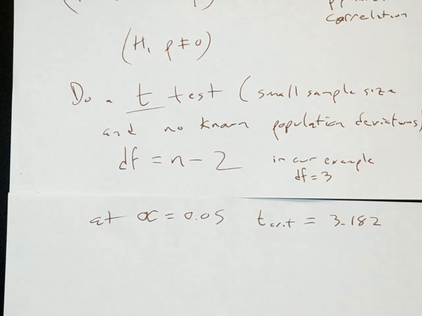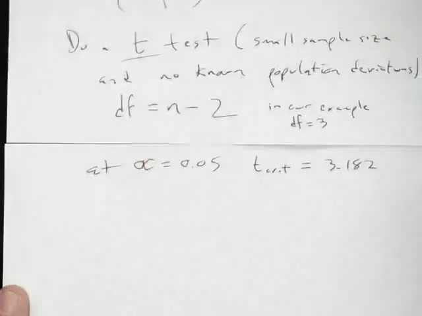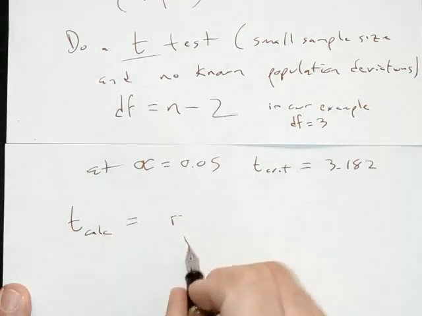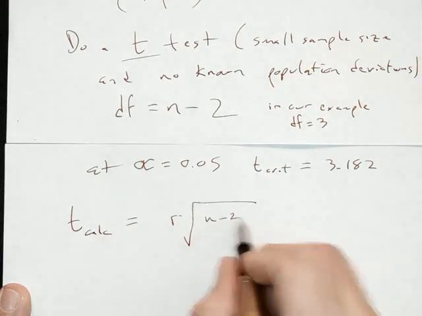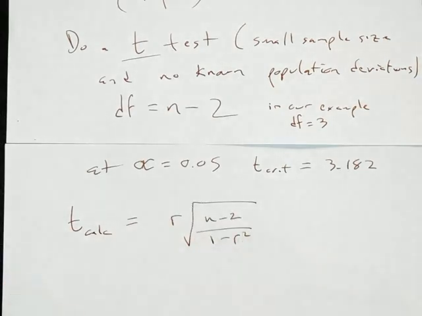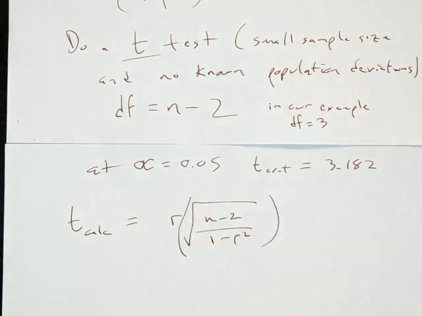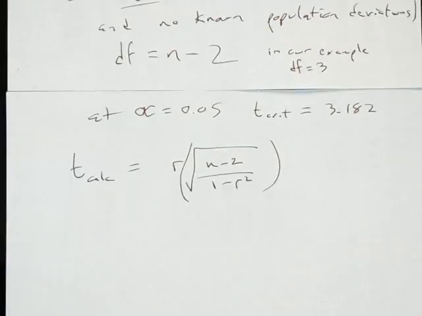In R, we calculate our T stat as R times the square root. That is not an Rth root. I'm actually going to put it in parentheses so it's a little clearer, because when I first wrote it that way, it looks like it's supposed to be an R in the root. It's not. It's a square root. And notice the only number I need to figure out T-calc is R itself.